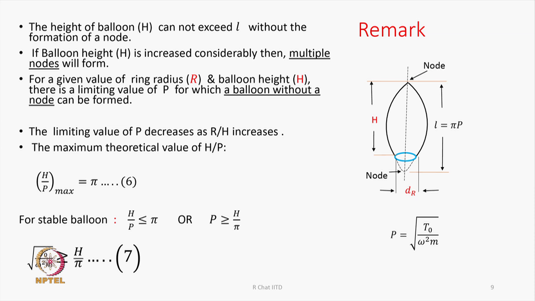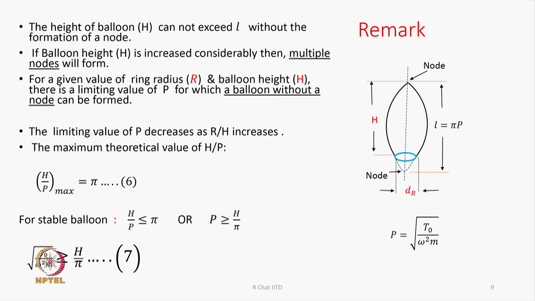Now, from here we can make some useful remarks. First, the height of the balloon cannot exceed L, that is what we have already discussed, without the formation of a node, and we do not want nodes to be formed, otherwise spinning will not be possible.